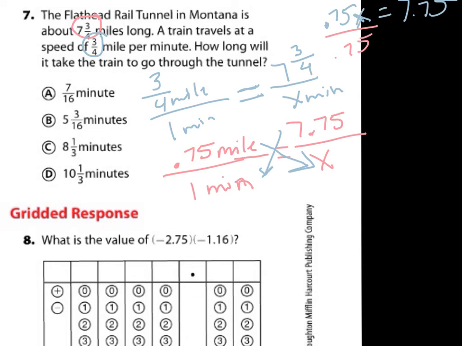So we just divide. Okay? They cancel out, so you'll have to do 7.75 divided by 0.75. That's a hard number to do. So we're going to go to the next slide, and I'll work through that with you.